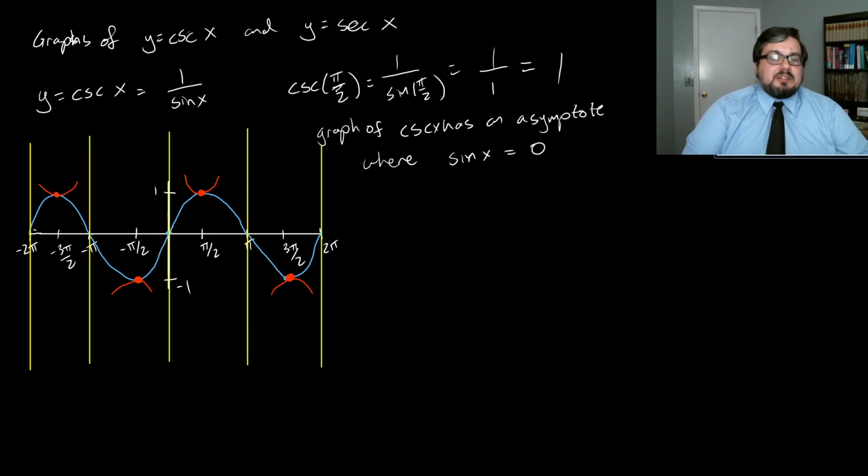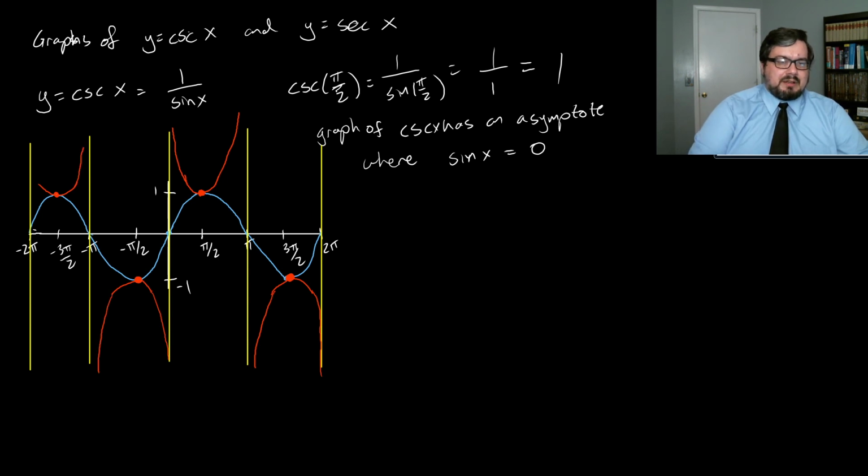And so to finish up the graph of cosecant, we indicate that these pieces of cosecant each go off towards infinity or negative infinity as appropriate as they approach their various asymptotes.